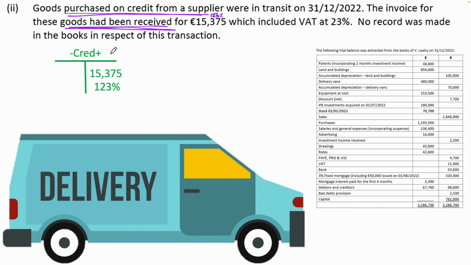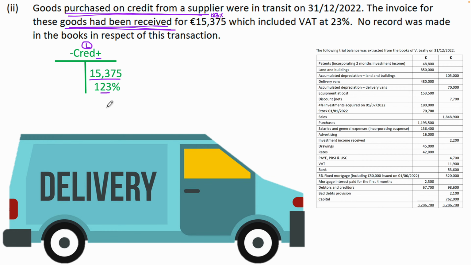Basically, right, our liability, creditors, increases on the credit side. It increases by the amount that we have to pay them. We have to pay them 123%. They're going to keep the 100% and then they're going to send the 23% off to the Revenue Commissioners.